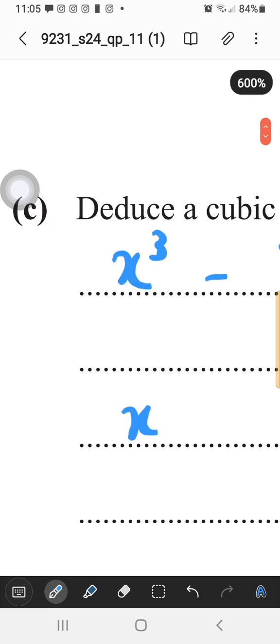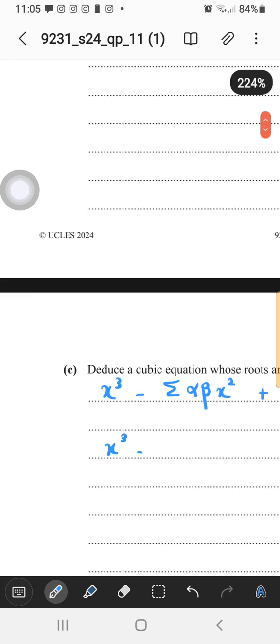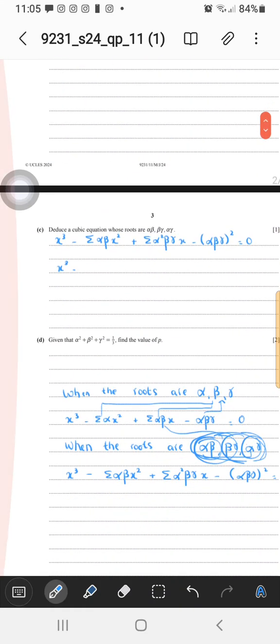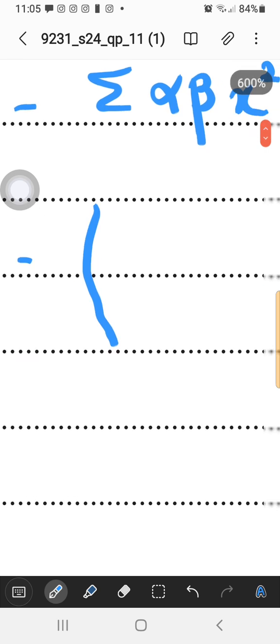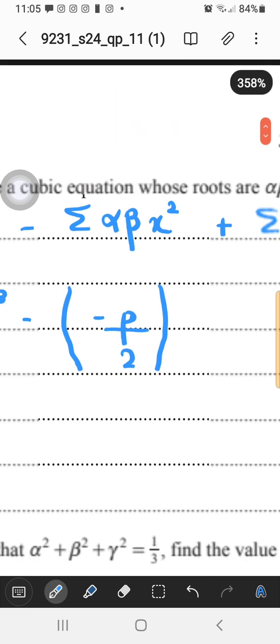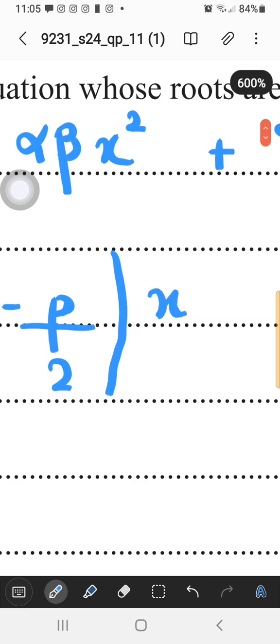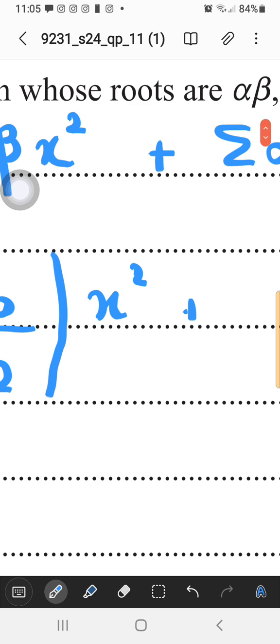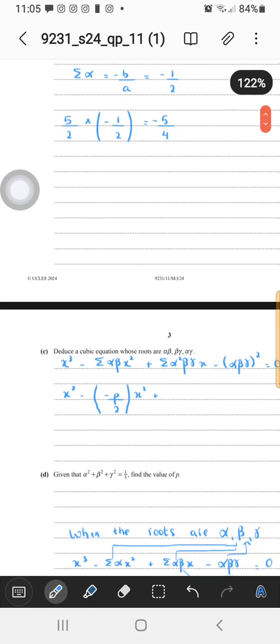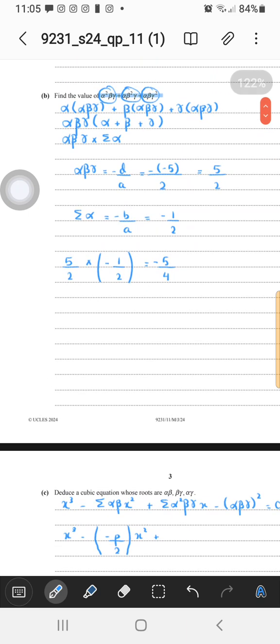Let's see. First, x cube here minus the sum of alpha beta. The sum of alpha beta was negative p upon 2. We can write negative p upon 2 here. Then x square plus alpha square beta gamma x.